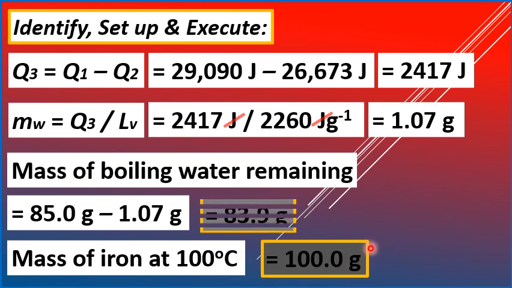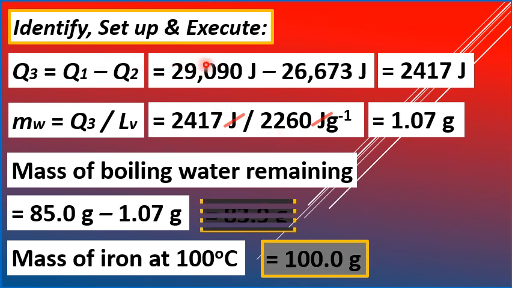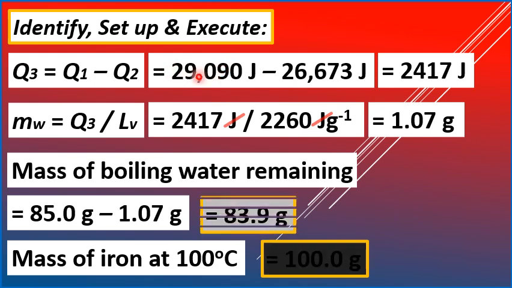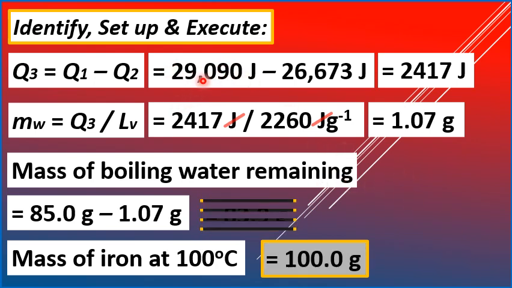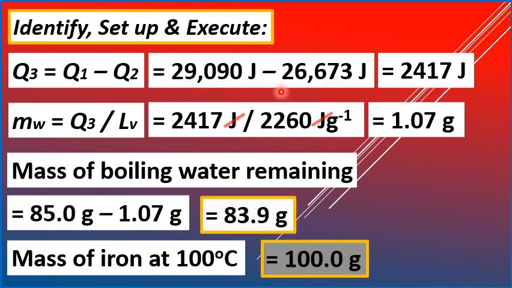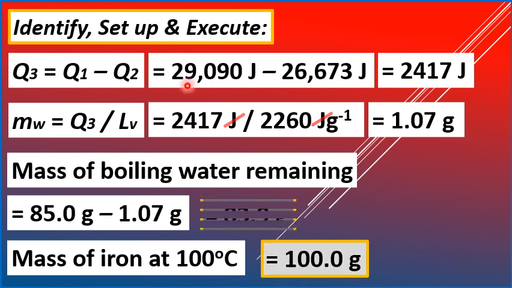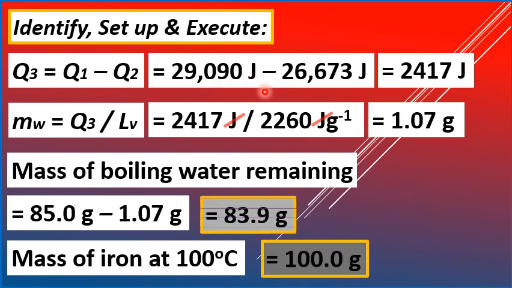When the slug of iron liberated this amount of thermal energy, its temperature just dropped to 100 degrees Celsius, but no change in phase whatsoever.